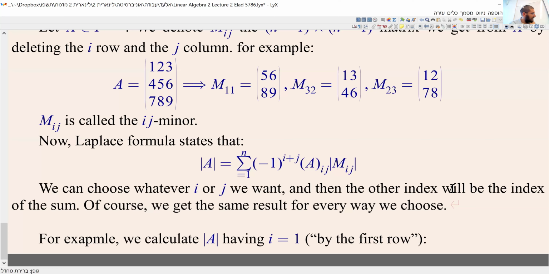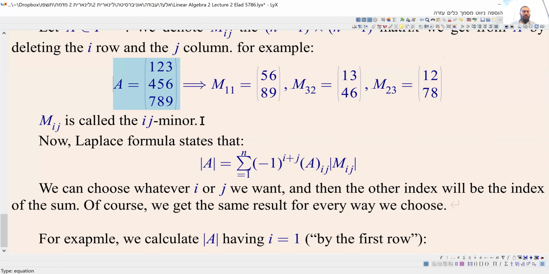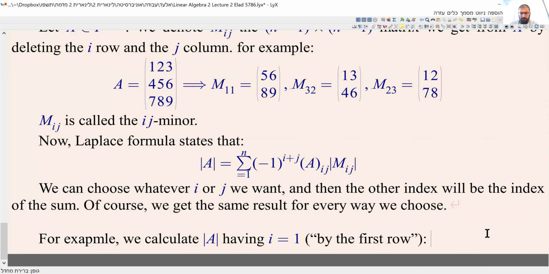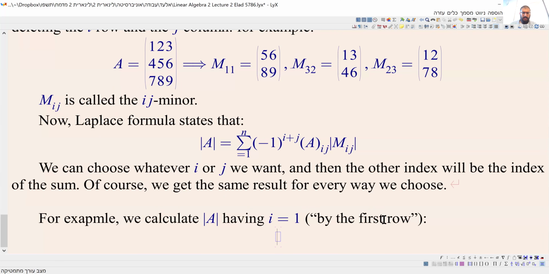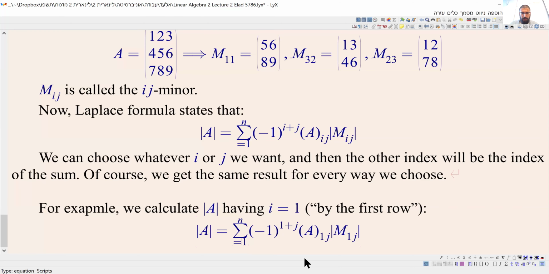The best way to understand is looking at an example. If we write down the determinant of A, for this specific A, for i equal to 1, I plug in 1 instead of i, and then the index left alone to run in the sigma is j.